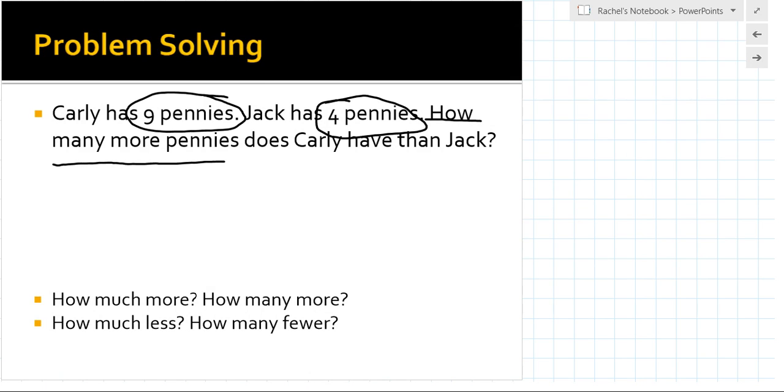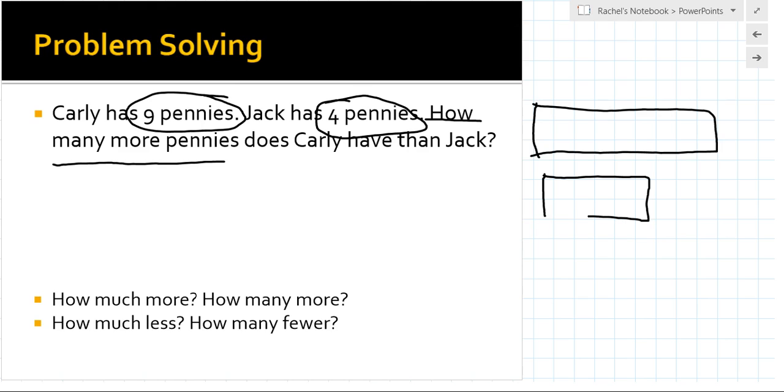When students see how many more pennies, they understand that they're looking for a difference. In our previous chapter, we used bar models for comparisons where students were looking at the larger quantity, the smaller quantity, and looking for a difference.